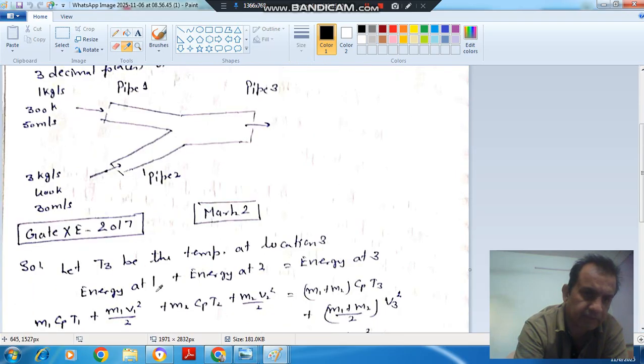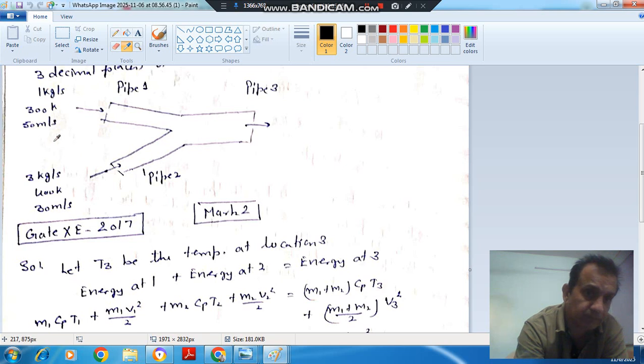Energy at 1, this is inlet, plus energy at 2, this is inlet, will be equal to energy at output, and no work or heat is supplied within these pipes, and the level of these pipes is the same, so there is no change in potential.